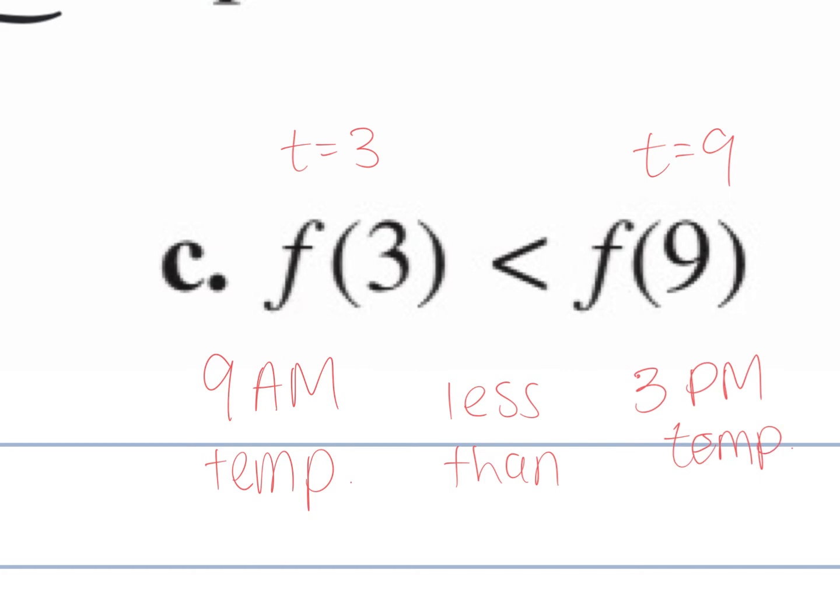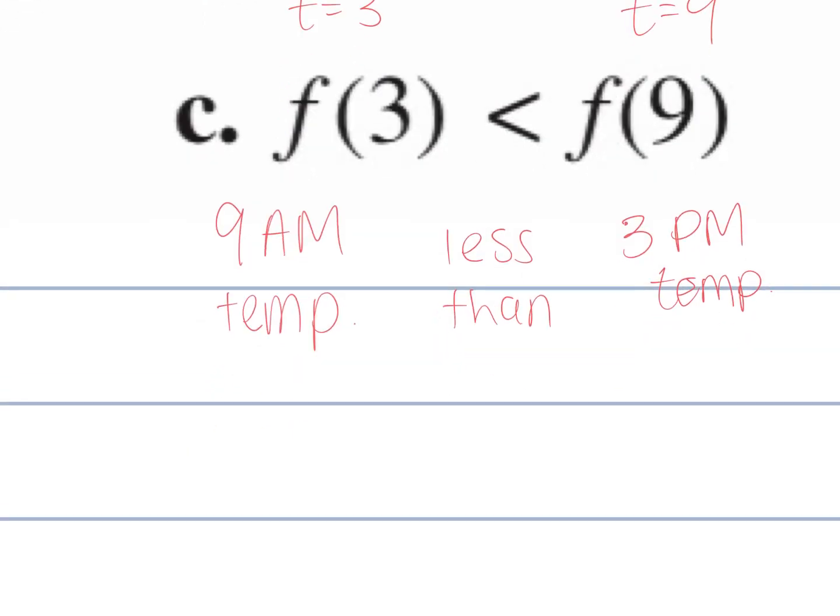Let's read that again. If the temperature at 9 a.m. is less than the temperature at 3 p.m., what happened during the day? It got hotter. That is the inference I need you to make.